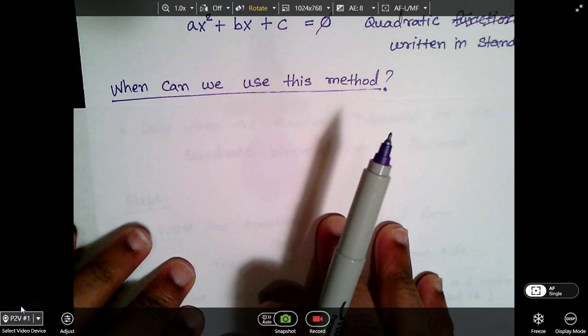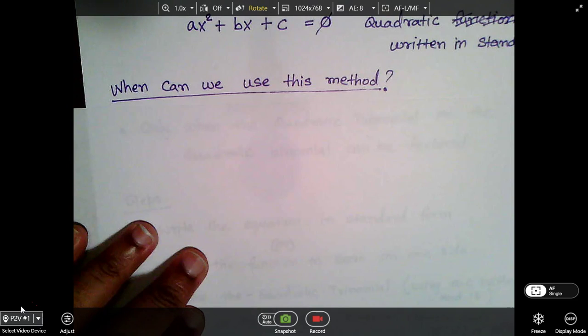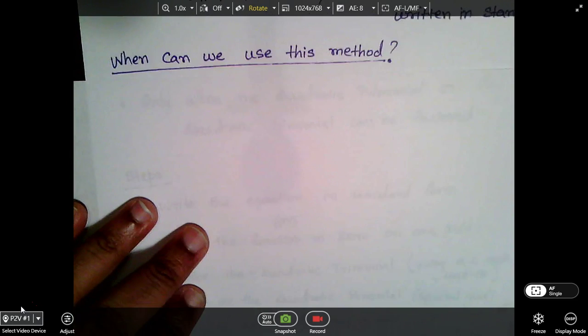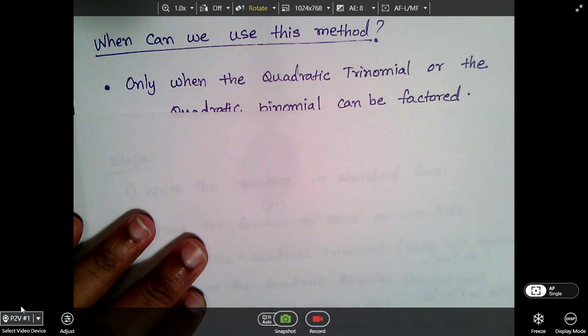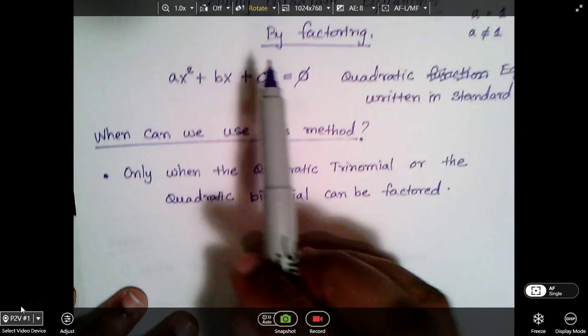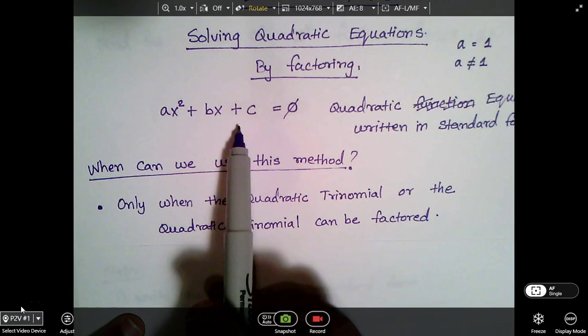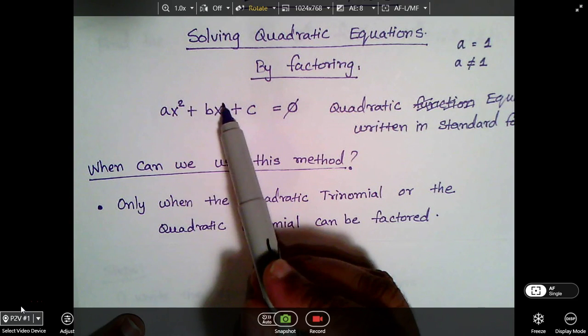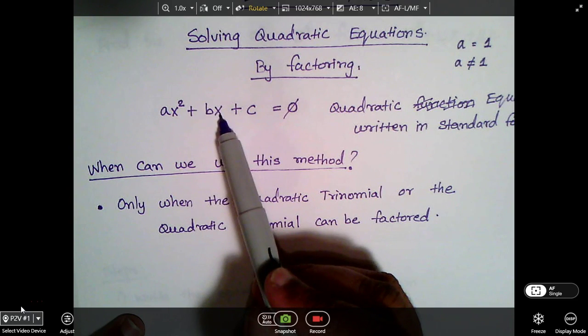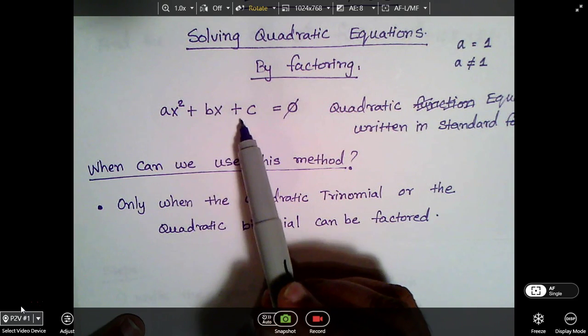As we said, all methods cannot be used at all times. So when can I use factoring method? Only when the quadratic trinomial, which is ax squared plus bx plus c, is factorable. Sometimes the bx term might be missing. In that case, ax squared plus c should be factorable.